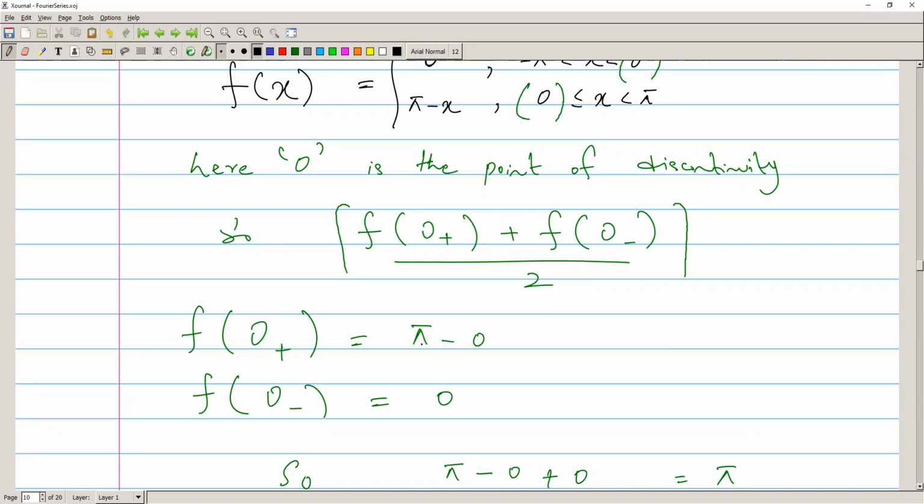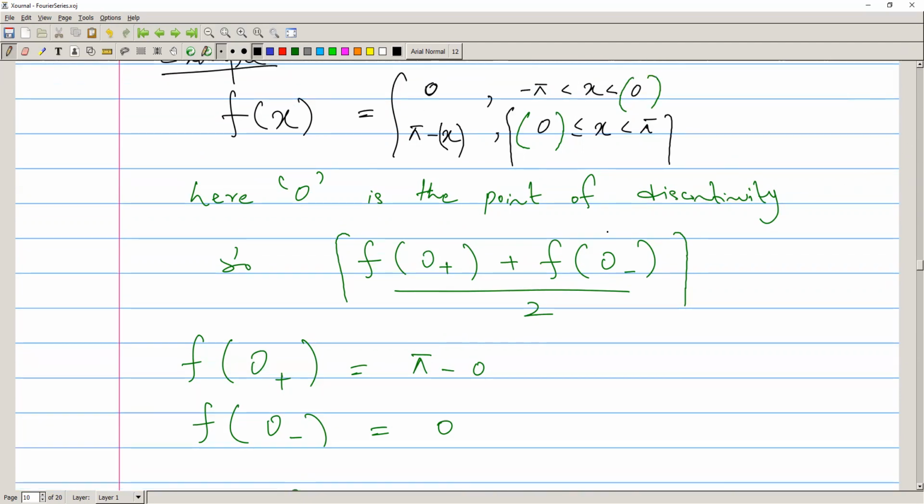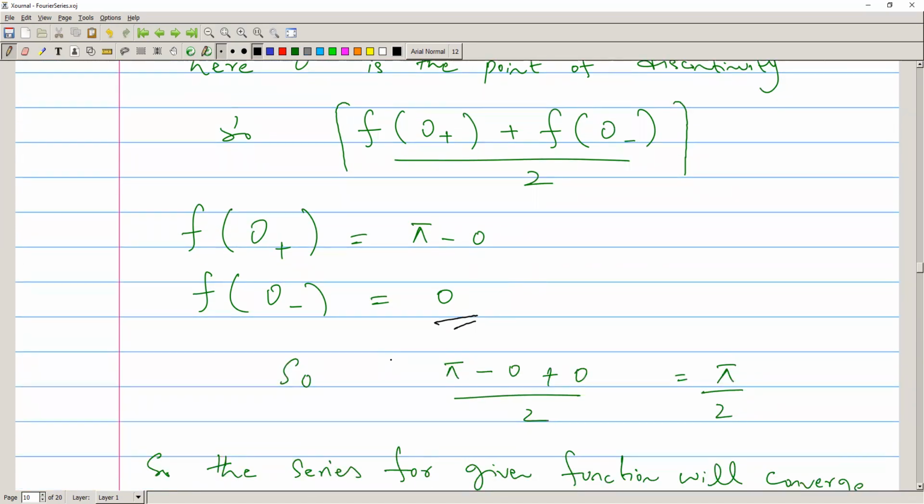So f of 0 will be pi minus 0. Here we will put 0 for the positive interval. So f(0+) will be pi minus 0, and this is the negative interval, so it's 0 anyways. We don't need to write anything. Now f(0+) plus f(0-) over 2 is pi minus 0 plus 0 over 2.